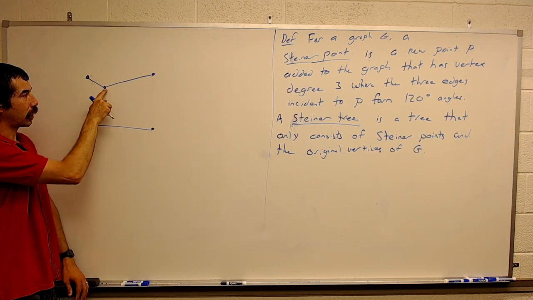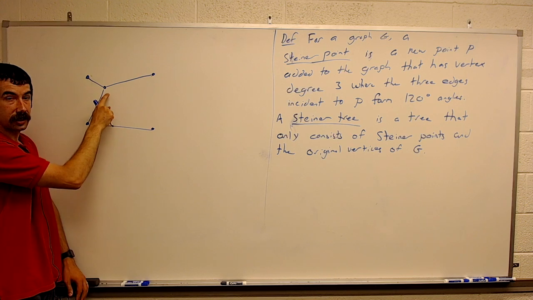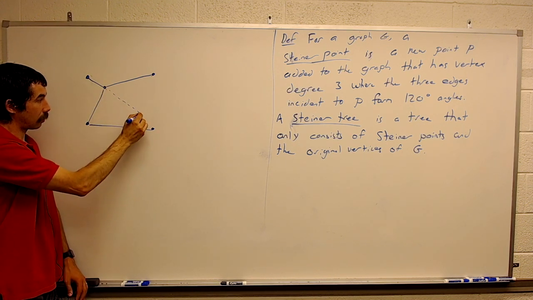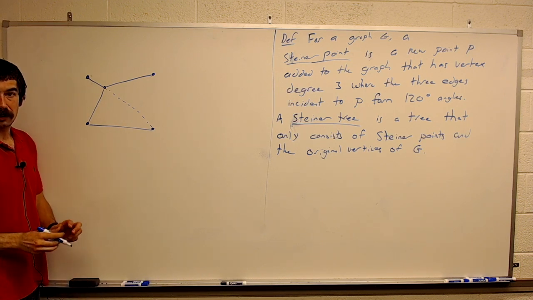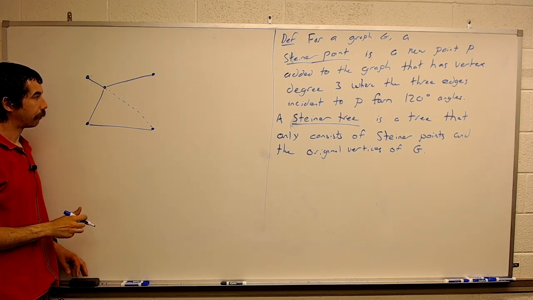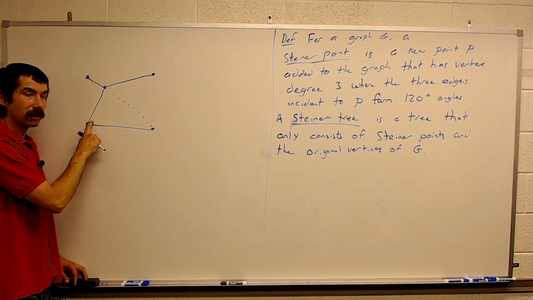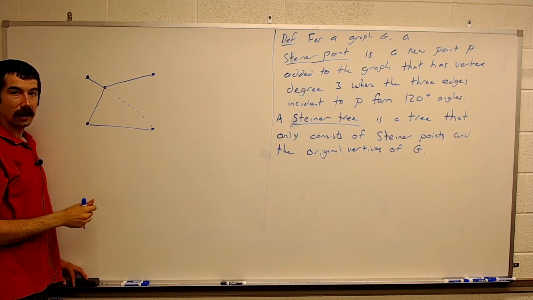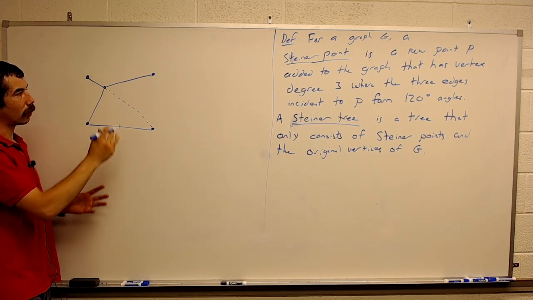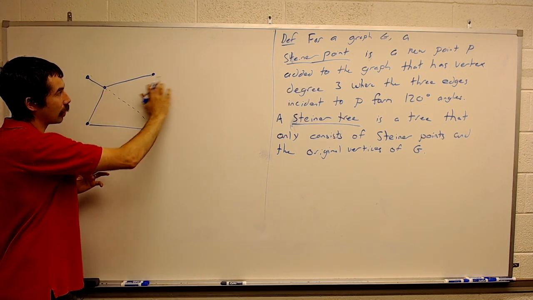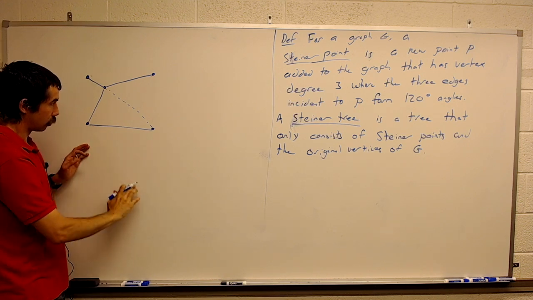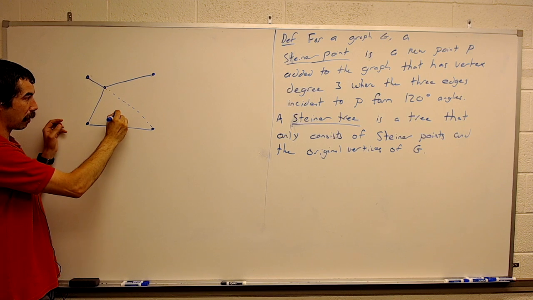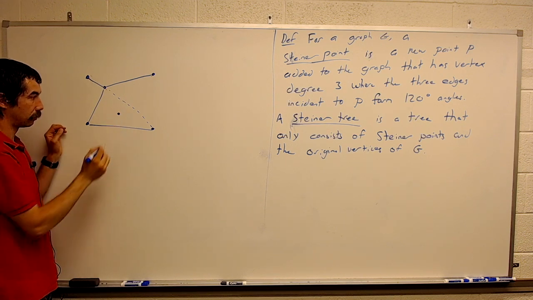Okay, but we do have to check these three vertices. Because when we put our phantom edge here, this angle is less than 120, this angle is less than 120, this angle is less than 120. We need to find the Fermat point here. Again, we would glue on some equilateral triangles, connect the dots, and our Fermat point would maybe be around here.